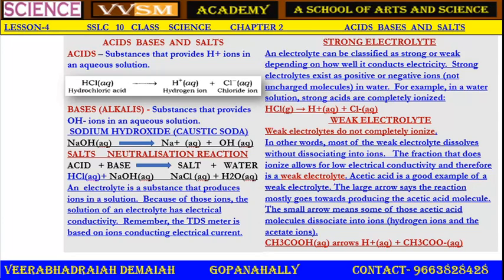You know, the neutralization reaction is very important in this chapter. You should know the neutralization reaction. What is meant by neutralization reaction? This is the fundamental reaction in this chapter, acids, bases and salts, my dear friends. When an acid combines with a base, it gives salt and water.